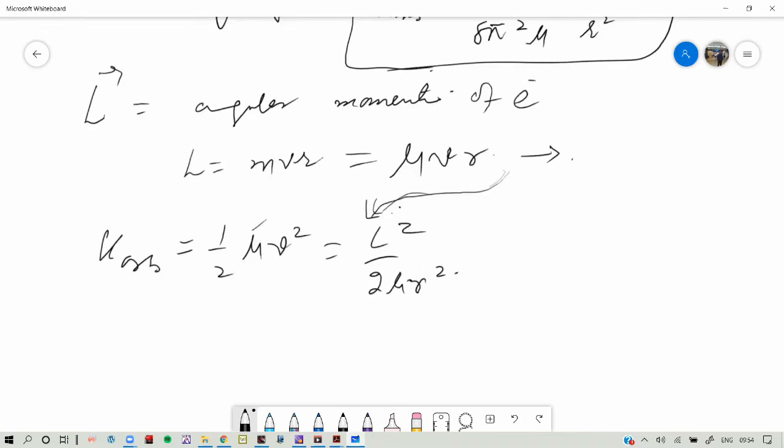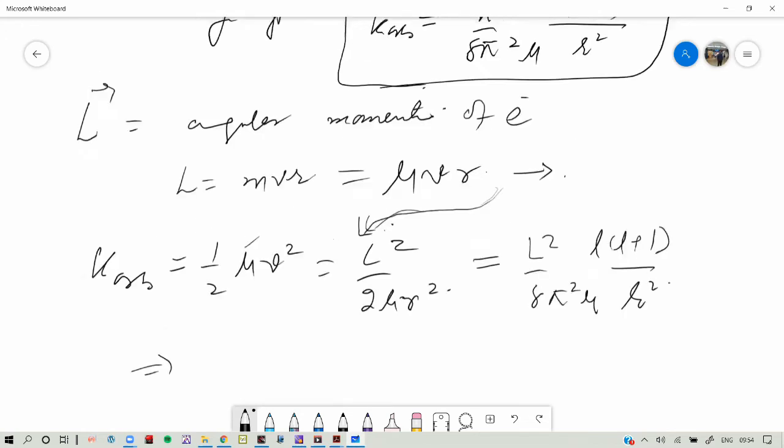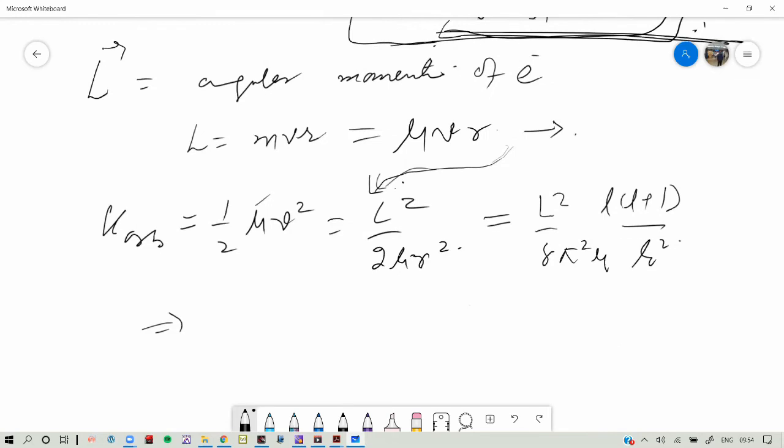I can write then, which is equal to L square by 8 pi square mu, for the orbital part here, this K orbital.